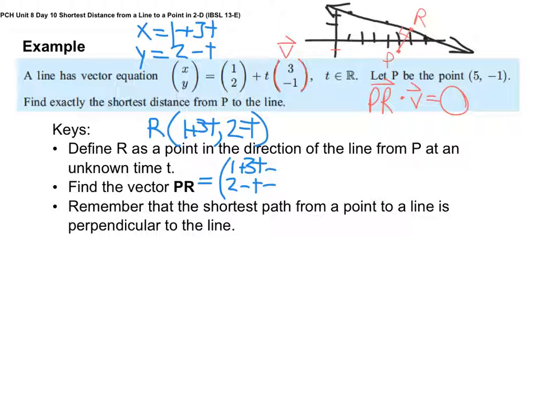So it's 1 plus 3t minus 5, and 2 minus t minus a negative 1. So now we know vector PR is (negative 4 plus 3t, 3 minus t).